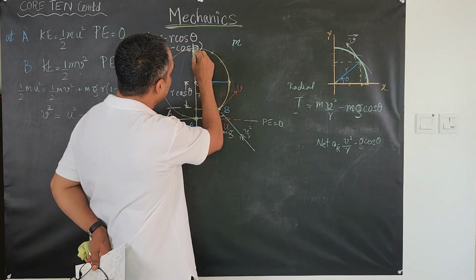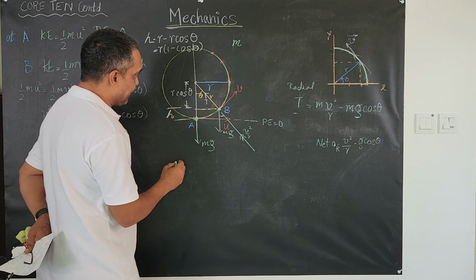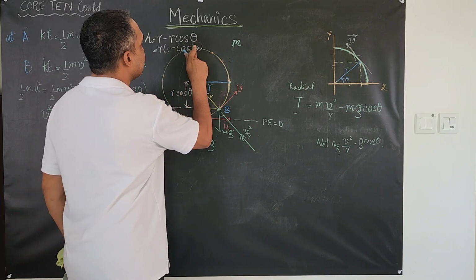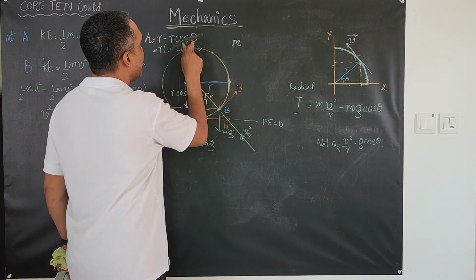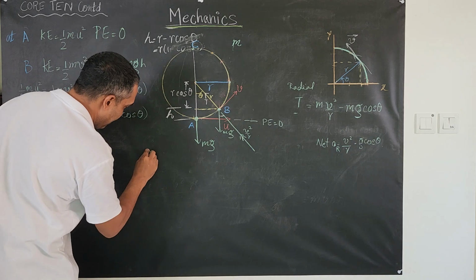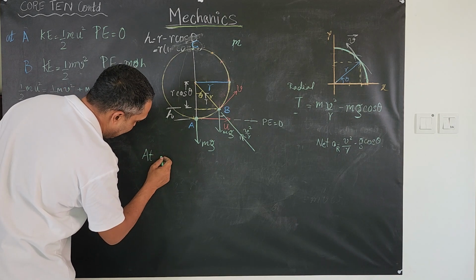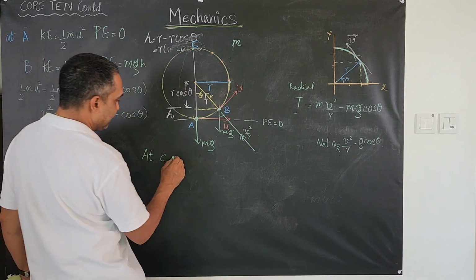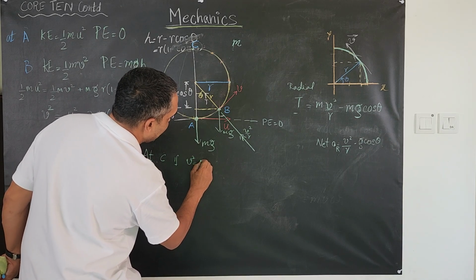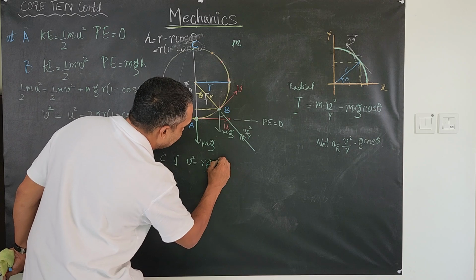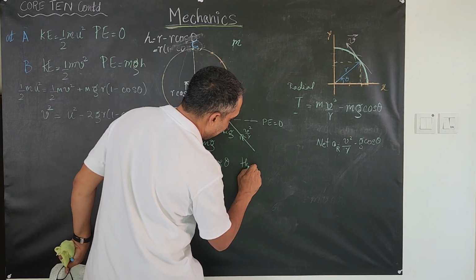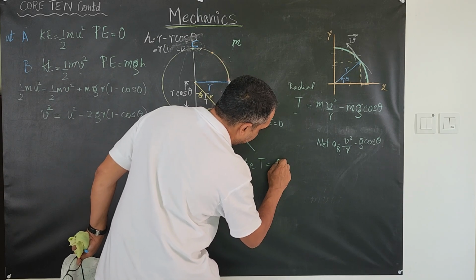So if you want to complete the circle, at the point of interest, let's say, I'm going to take all this out and say your point of interest here is C, and I want to say that at C, if velocity square is equal to rg cosine theta, then T equals 0.